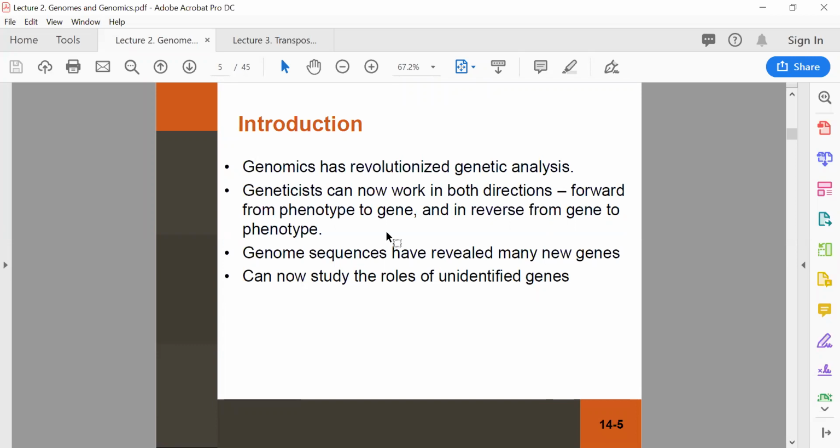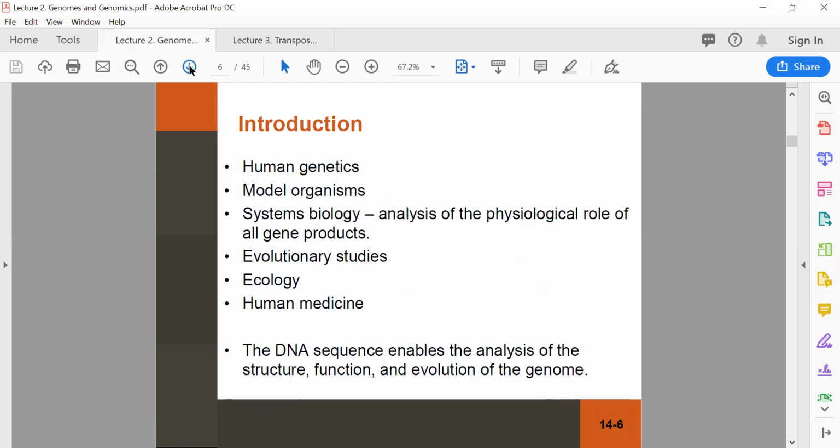So genome sequencing has revealed many, many new genes, and we can now more easily study the roles of previously unidentified genes. So analyses of genomes now contribute to all these different aspects of biological research.